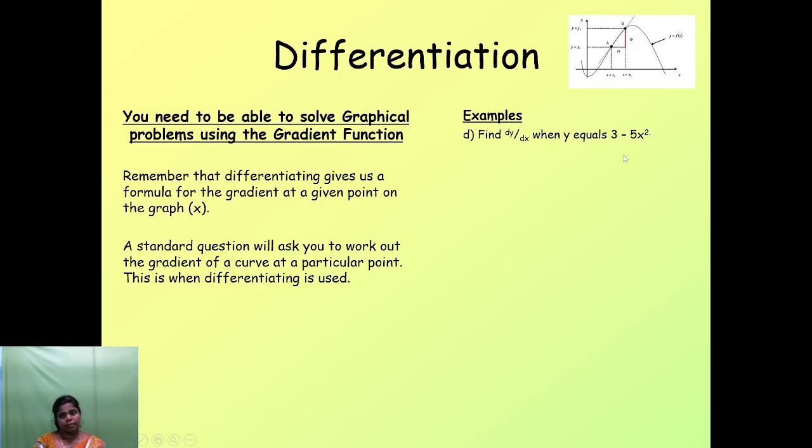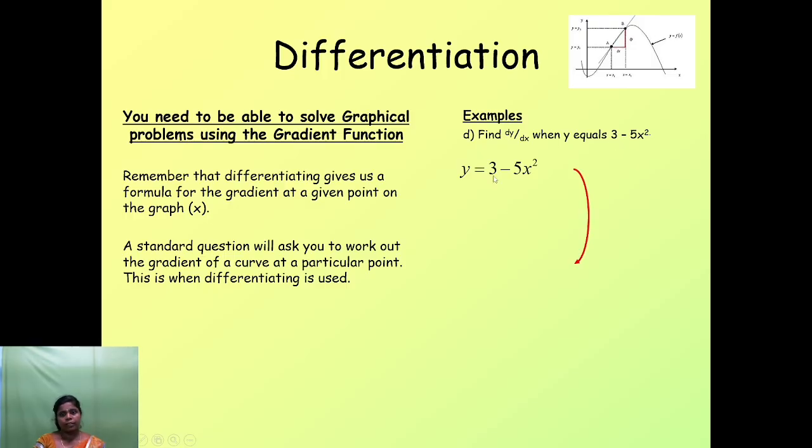Then next example, find dy by dx when y equals 3 minus 5x square. Now we differentiate 3 minus 5x square. We already know the first derivative of a constant term is 0.